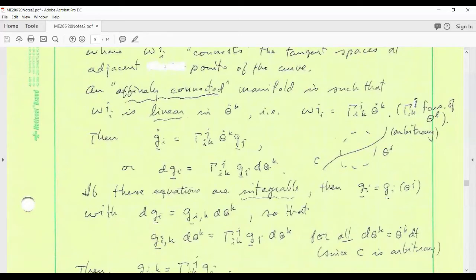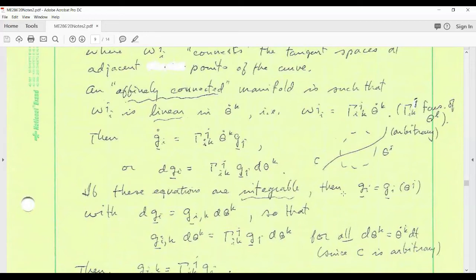They can be integrated on the curve, always. A separate question is, does this give rise to the existence of g's defined in the entire surrounding space? In other words, can they be integrated to yield functions gi of the coordinates in the enveloping space? If so, then we say that these equations are integrable in the space.